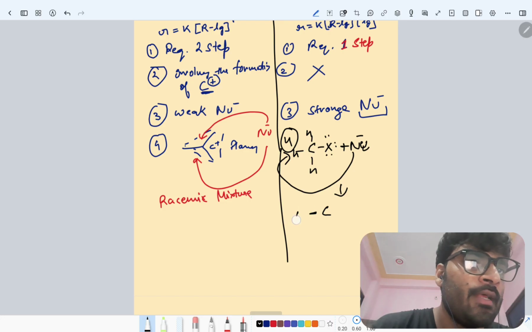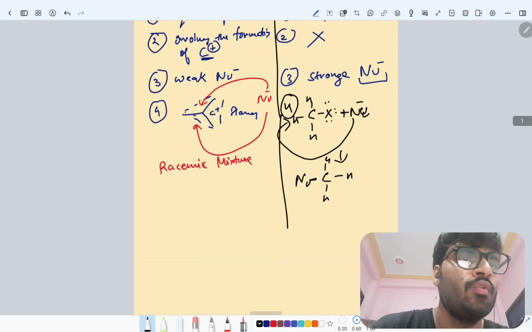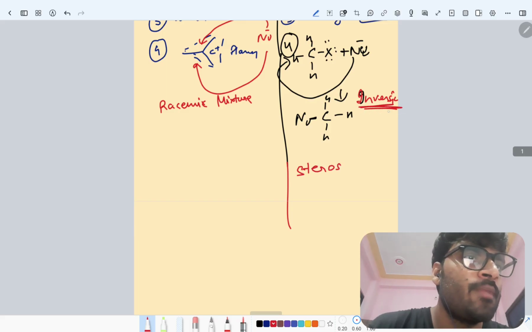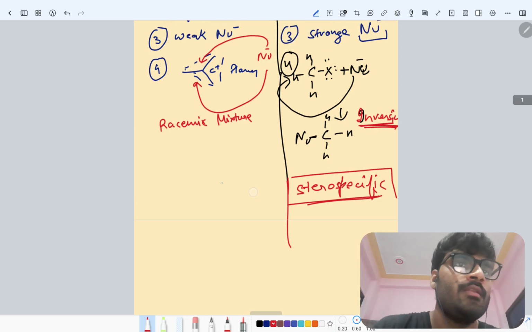This nucleophile will be attached now on the left hand side, not on the right hand side. Just an example to show you. So you get an inversion product. It means SN2 is stereospecific. You get only the inverted product. So this is our 5th point.